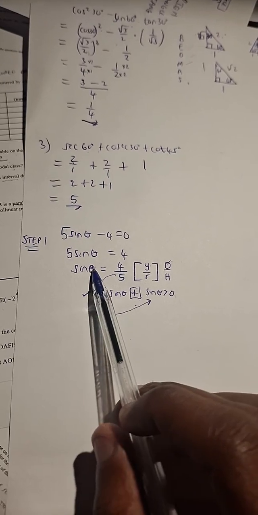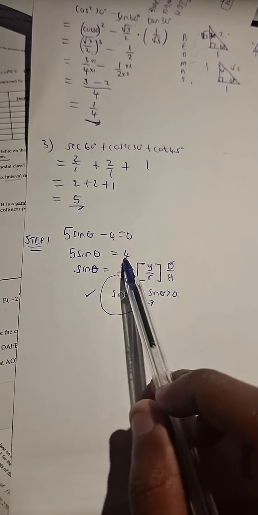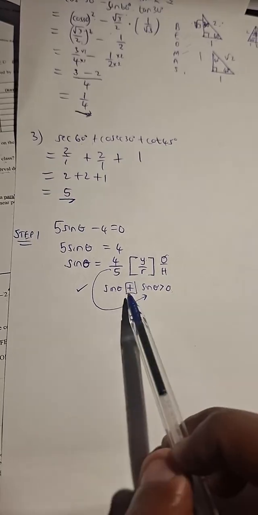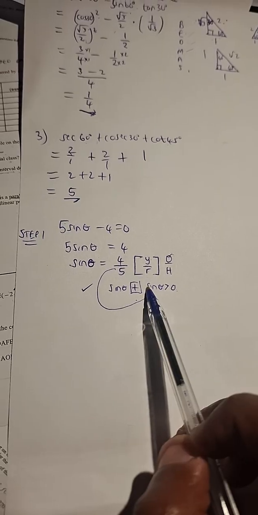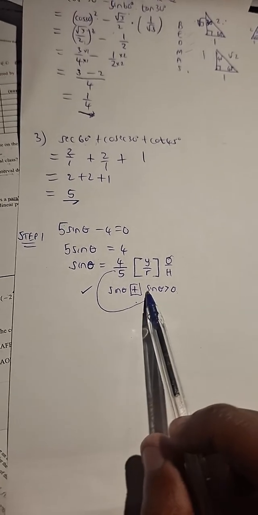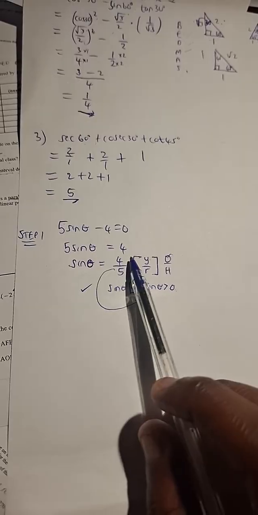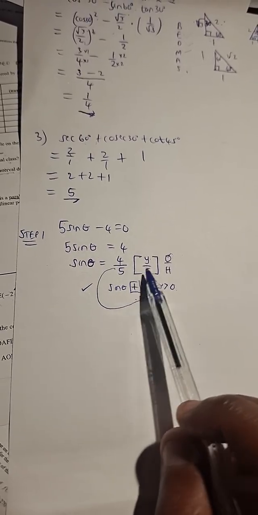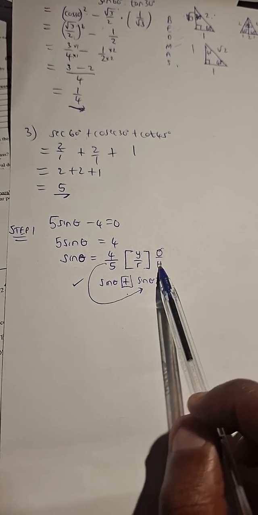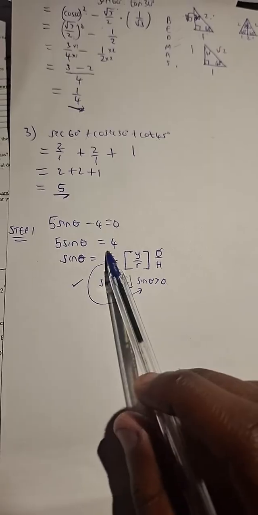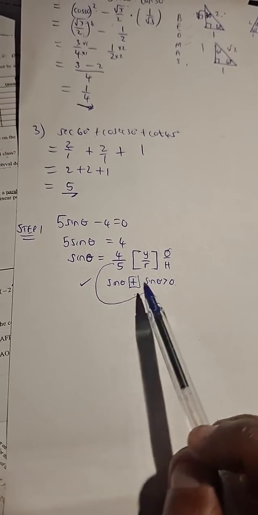If, let's say, for instance, it had said sine theta is equal to negative 4 over 5, then we would have said sine is negative. Okay? So I hope we are good, guys, when we say sine theta is equal to 4 over 5, and the fact that this ratio is y over r, or opposite over hypotenuse, and because this value is positive, it means sine is positive.